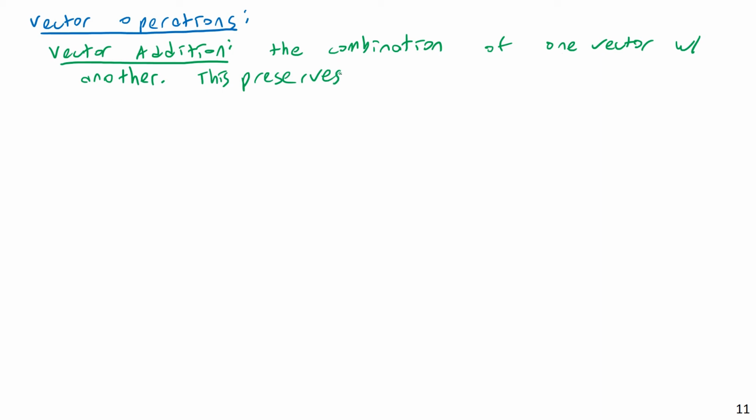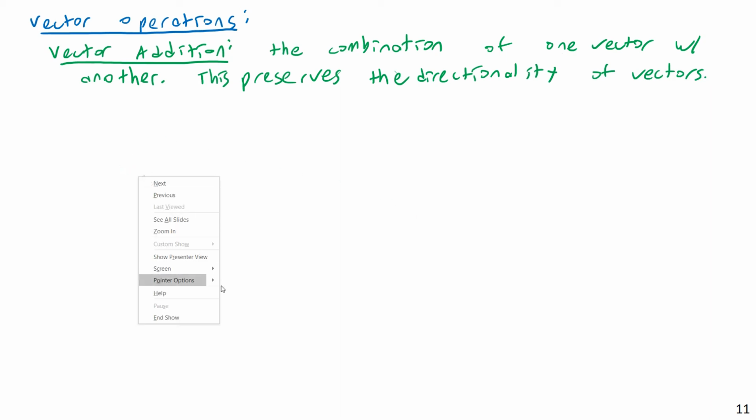Unlike simply summing the magnitudes, like you would with summing scalars, when you do proper vector addition, the directionality of the combined vectors is preserved. Okay, so that is the basic idea of vector addition, the combination of it.